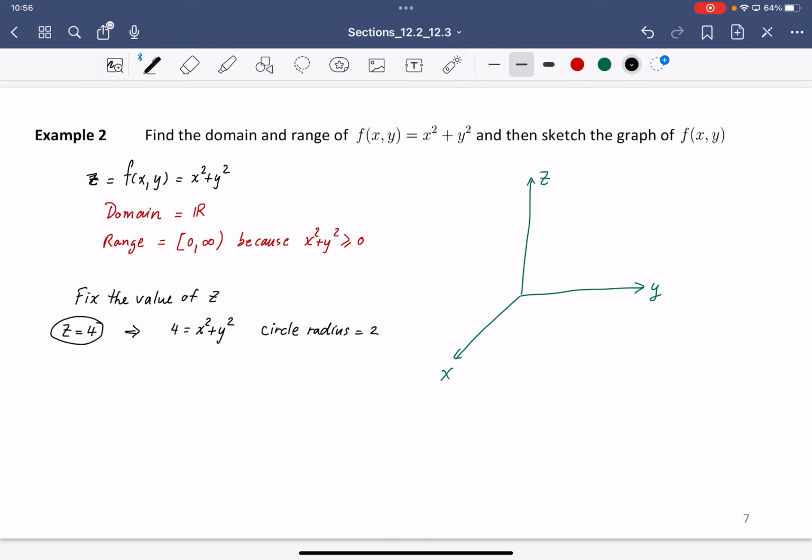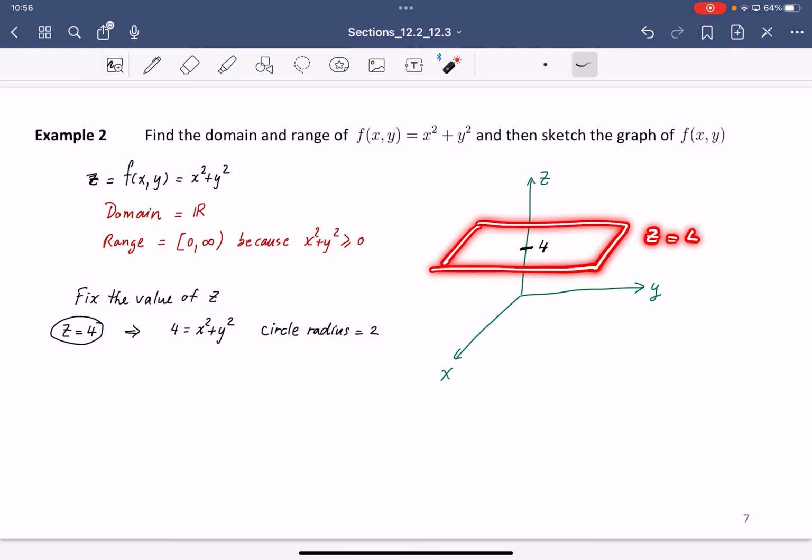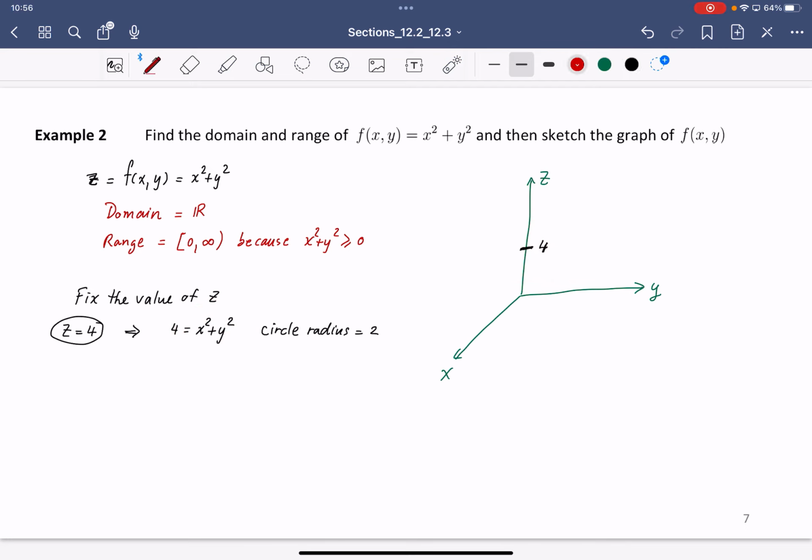So when you fix z equal to 4, you can think of this as having a plane here at the level z equal to 4, and then you graph the circle on that plane. So you're going to have something like this. This is the circle on the plane. Make sense? With radius 2.